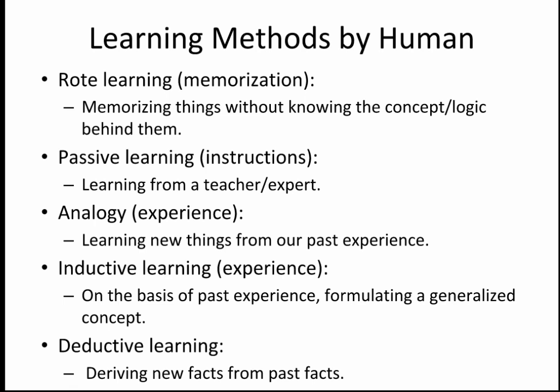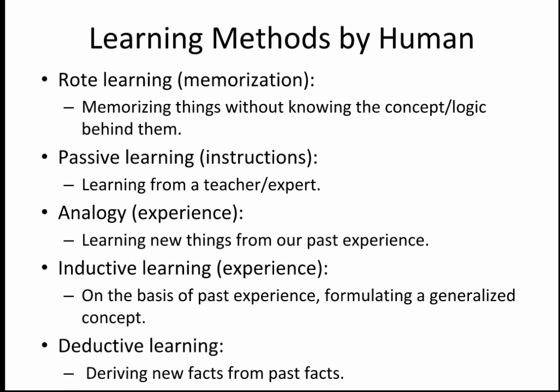Similarly, if you get a picture that has some features resembling all of the bird images that you have seen earlier, we will generally refer to it as a bird. So this is how we are generalizing the concept, and it is known as inductive learning.